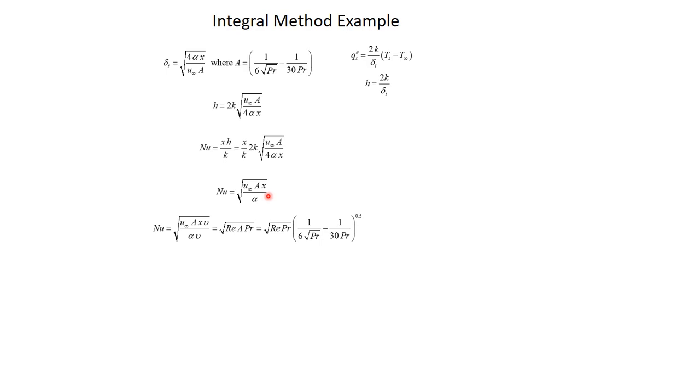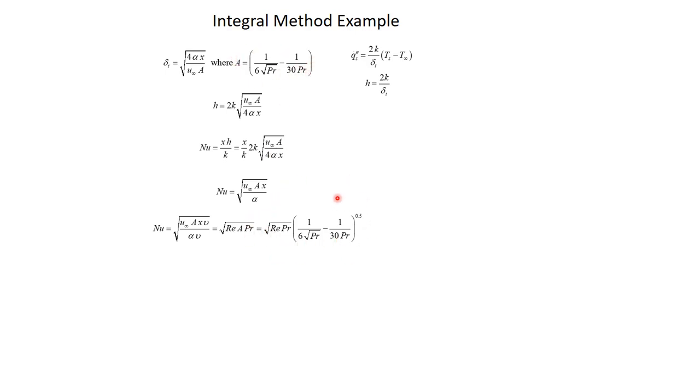Then to make this into a Reynolds number and a Prandtl number, I'm just going to multiply and divide by the kinematic viscosity. U infinity times x over nu is the Reynolds number, so that's what I have here. And then A, which is a function of Prandtl number, and nu over alpha is the Prandtl number. So this is my expression. If I substitute in what A is, I get this expression right here.